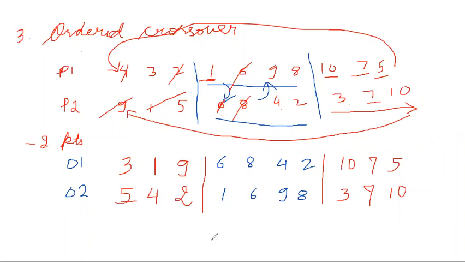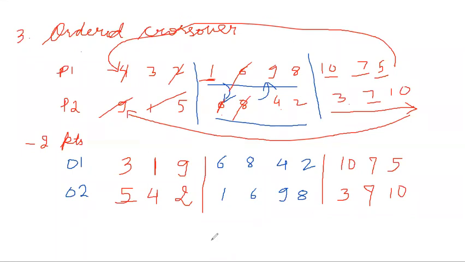So with this we are done with all the different types of crossovers applied to the traveling salesman problem, because the conventional single point or 2 point crossover cannot actually be applied to the traveling salesman problem. The reason is that we cannot repeat the same city number again.